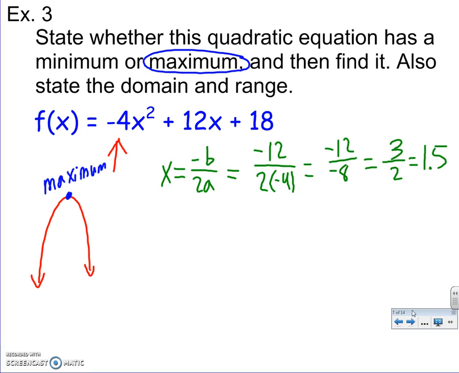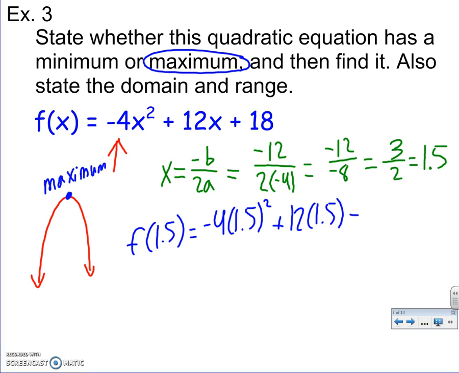So now I'm going to do the problem f of 1.5. So negative 4 times 1.5 squared plus 12 times 1.5 plus 18. For this, I will be using a calculator, so let me type that in.